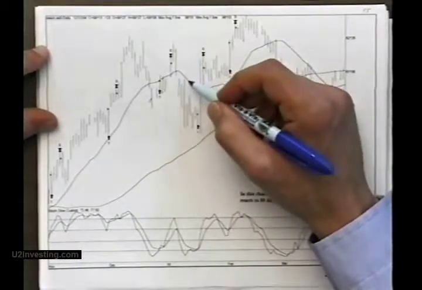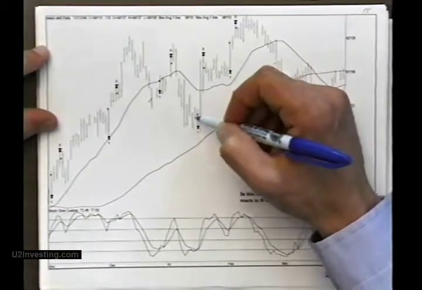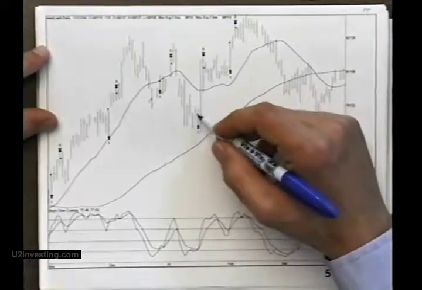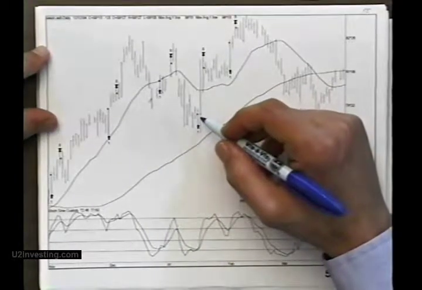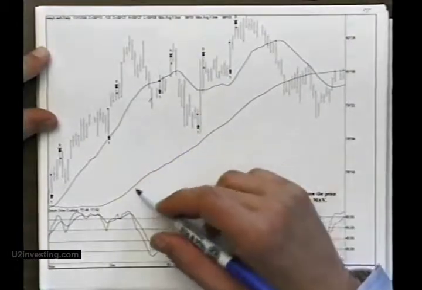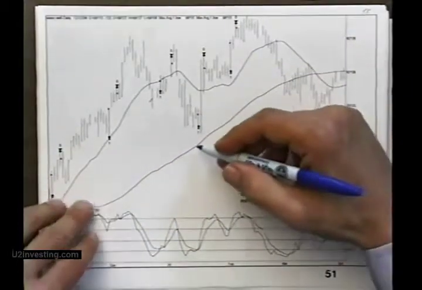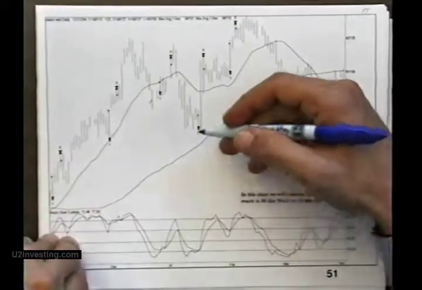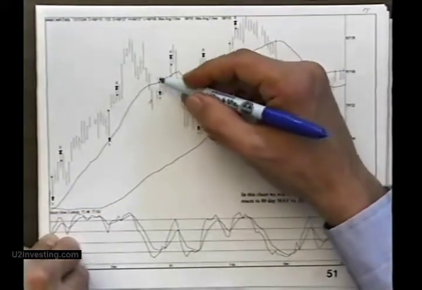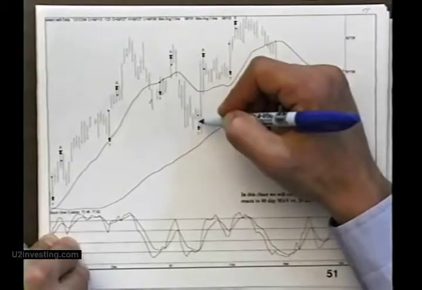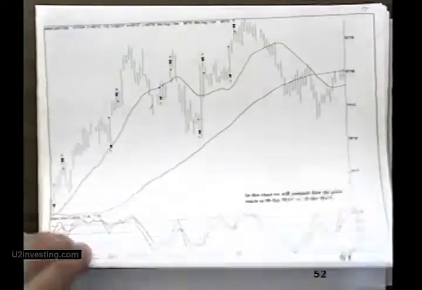The 20-day would have told us the trend is down, but the 80-day tells us the trend is up, and therefore we have a buy signal right here. These trades were generated based on the 80-day moving average rather than the 20-day. So that's the advantage of using the 80-day moving average. It allows you to buy on intermediate to big size corrections, and it keeps you with the longer term trend.